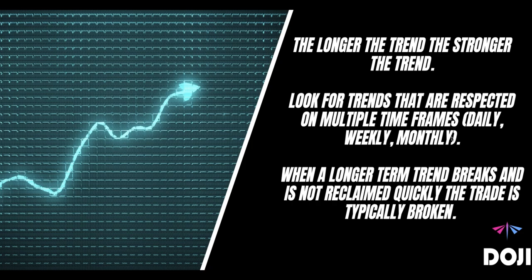Anytime you have trends that align, anytime you have trends that are long term and they break, those breaks typically will be violent. So you want to make sure that you are respecting these trends, and that you are finding the right trend that aligns on multiple time frames, and that you're not looking for hope rallies, basically.